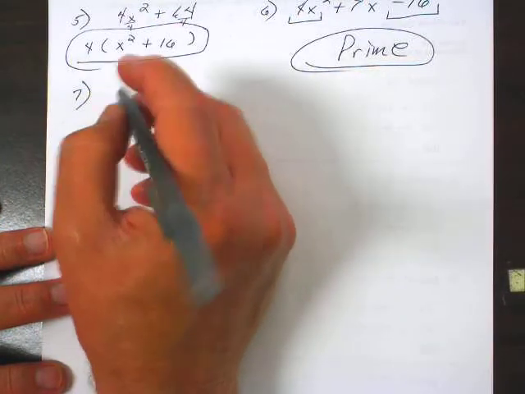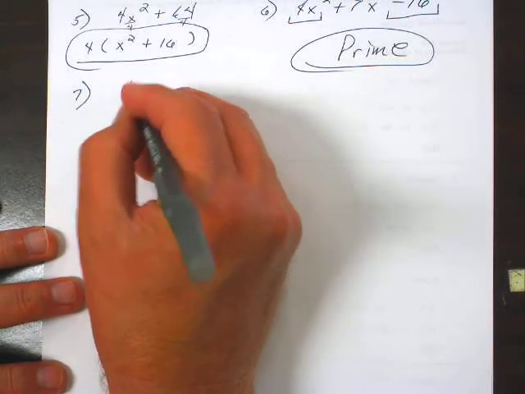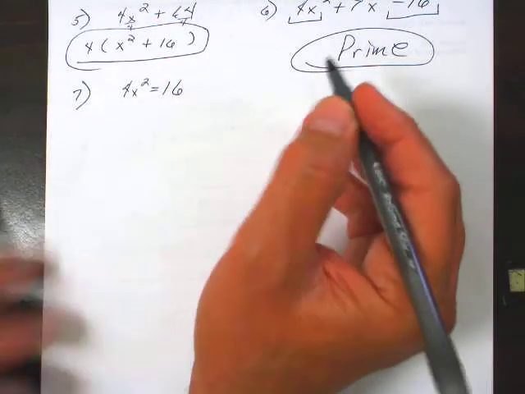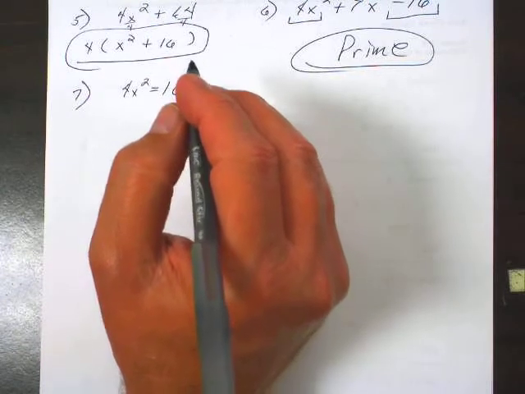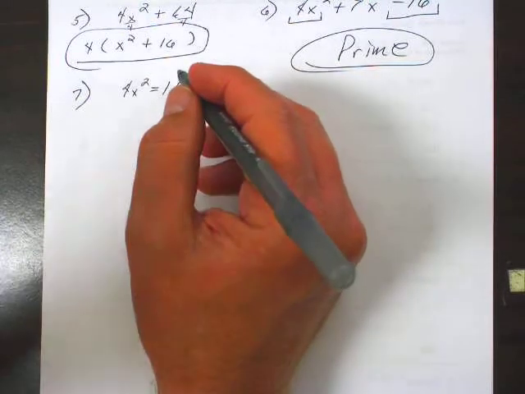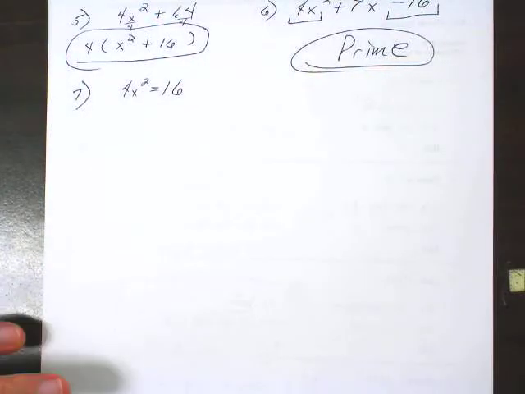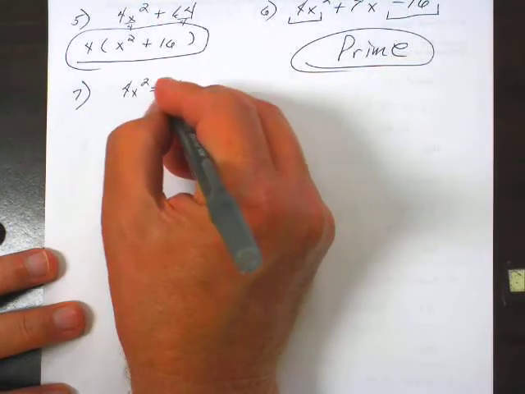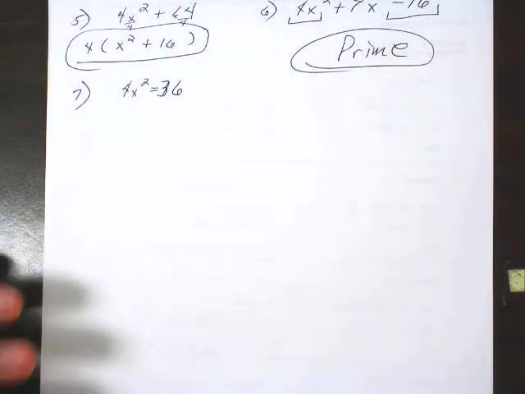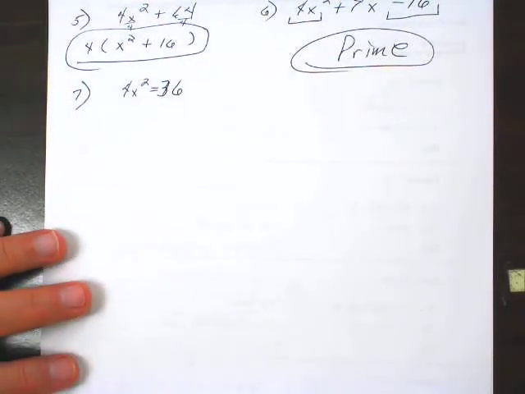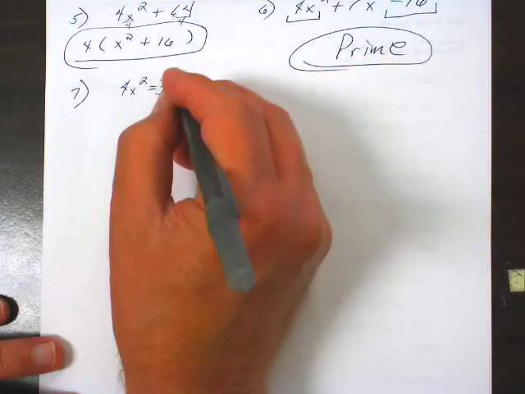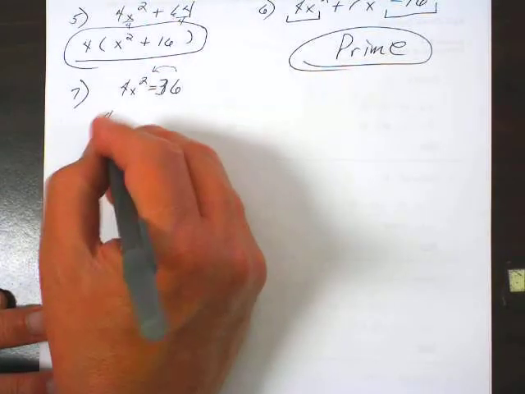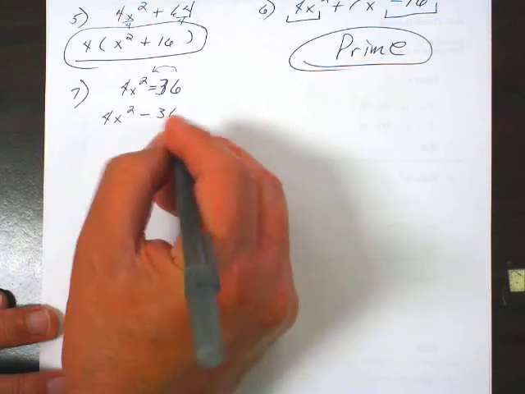Okay, number 7, we have 4x squared equals 36. Okay, so I'm going to show you 2 ways you can do this. Now, if you will recall, the first way is the way we did earlier. If you'll recall, whenever we have an x squared and an equal sign, we want it to be equal to 0. So we want this 36 to go over here, which would make it 4x squared minus 36 equals 0.